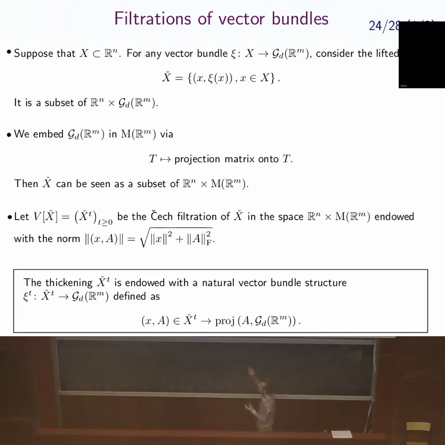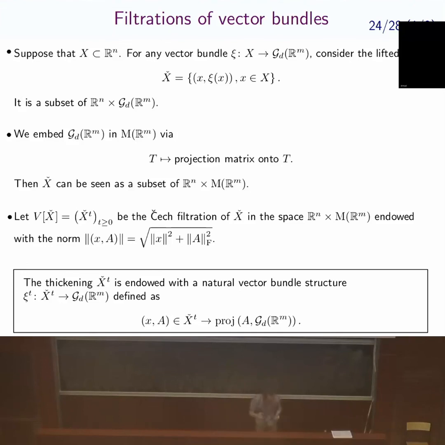It is simply defined as follows. If I have any t, I have a map ξ_t from the t-thickening of X check to the Grassmannian that is defined as follows: if you have a point (x, A) of the thickening, x being a Euclidean point and A being a matrix, I associate the projection of the matrix A on the Grassmannian.